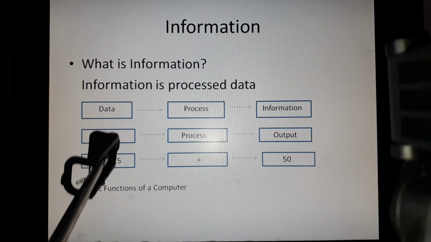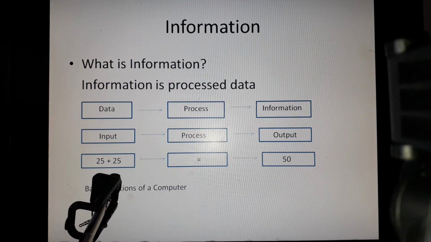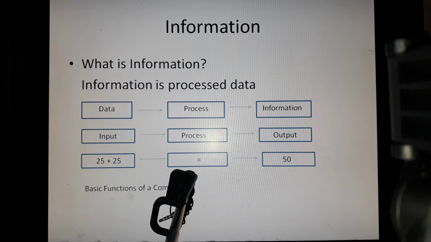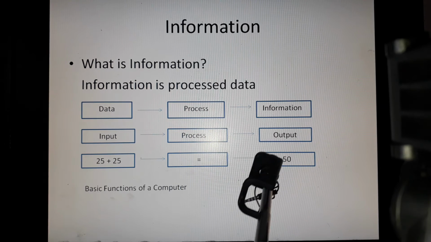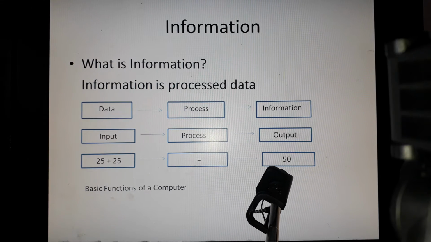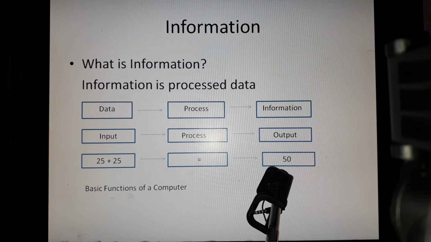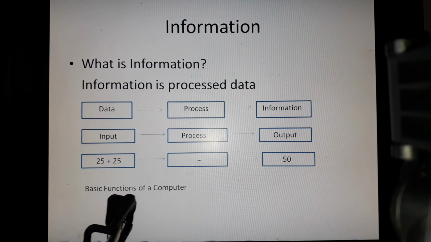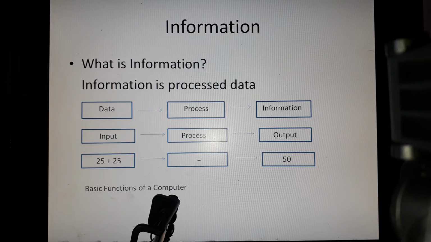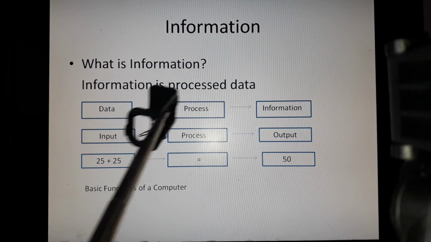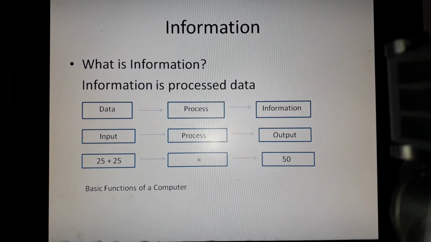Then we feed data, and it processes, and gives the output. The answer is information, 50. This is the basic function of a computer. Input, process, output. Data, process, information.